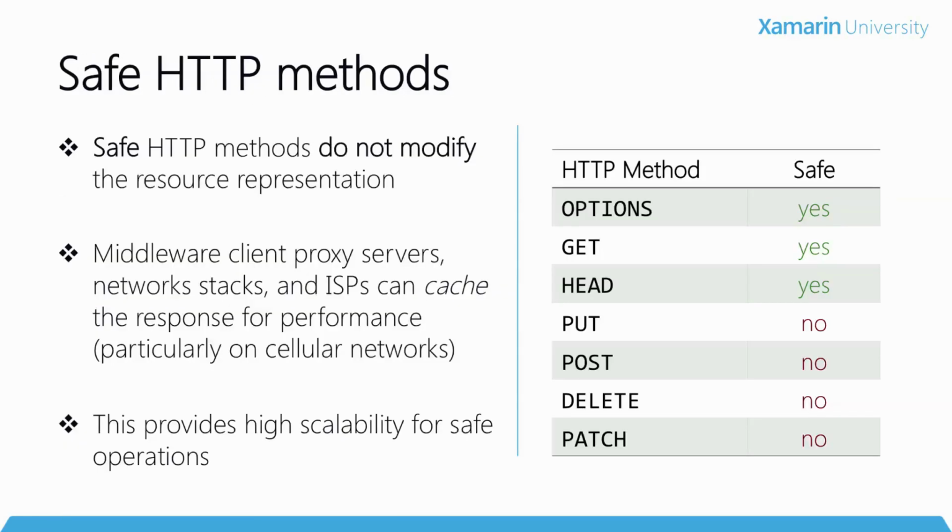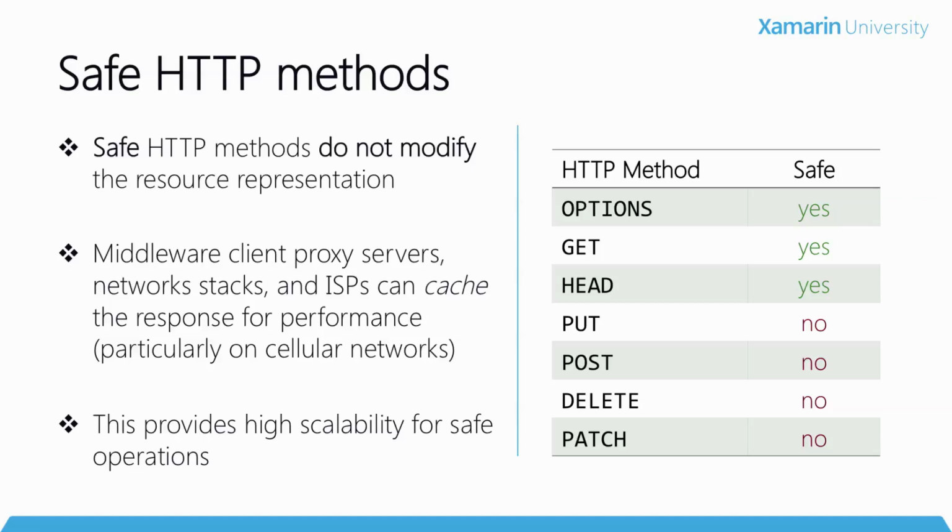When working with REST services, or actually HTTP itself, there are two important concepts to be aware of: safety and idempotency. An HTTP verb is safe if it does not modify the resource. This is actually what allows the high scalability of the World Wide Web and of REST services.